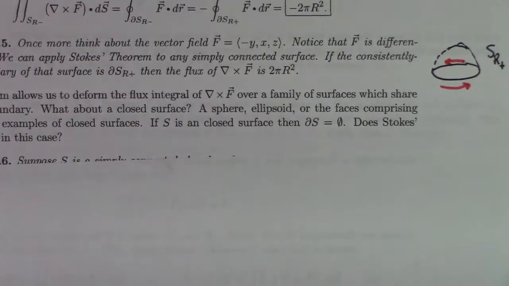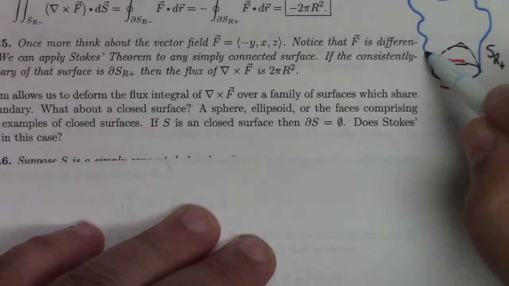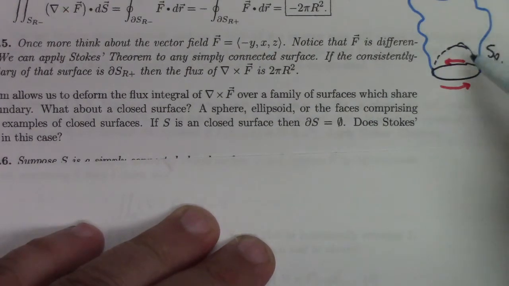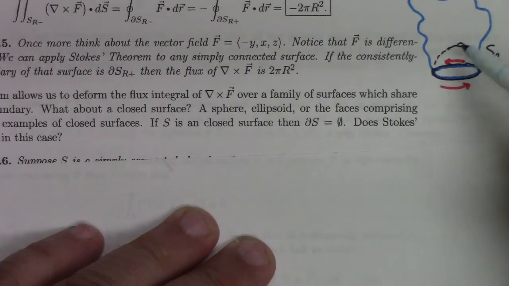Thing is, if I take that and imagine it being a flexible sheet, and imagine blowing into it, you blow S_R plus out into some kind of weird wiggly surface like that. But the edge of the surface is still down here. It shares the same edge.